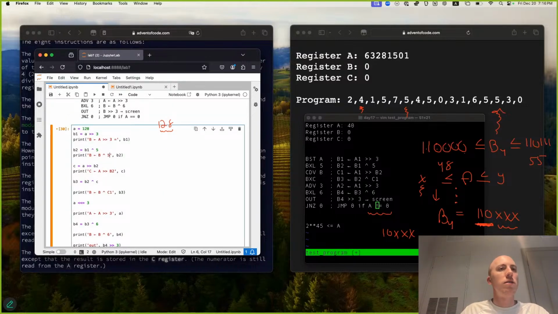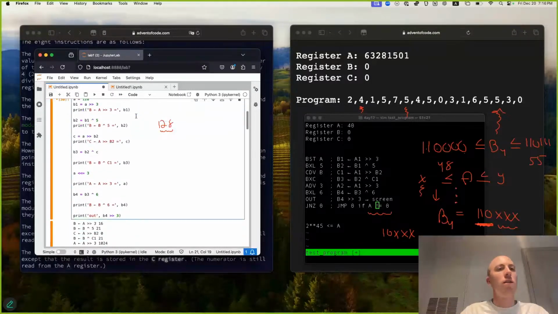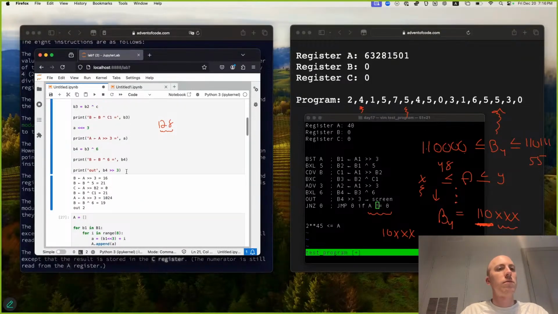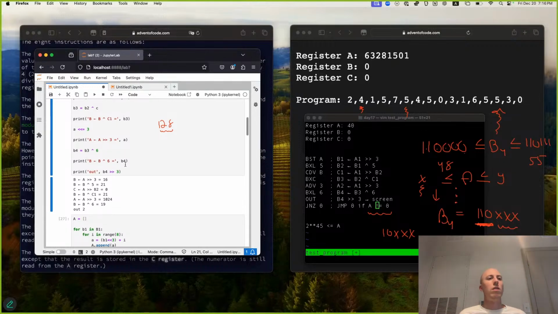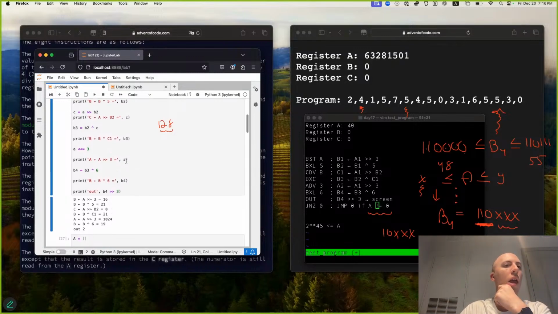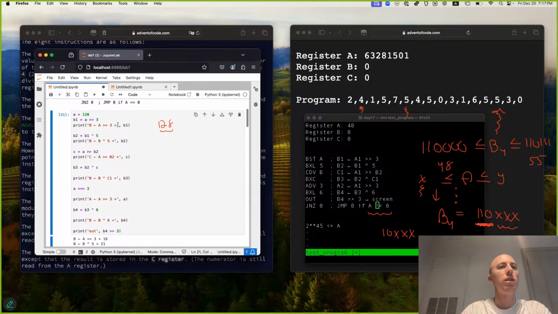Let's say this is equal. Maybe do this on the other side.